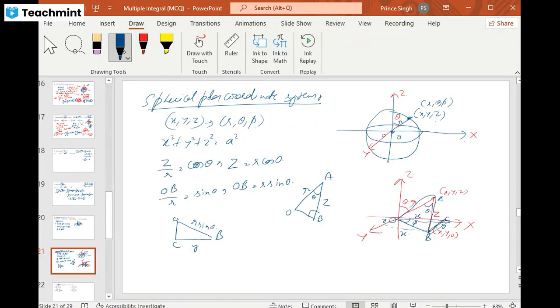This angle is phi now, phi with OC. OC is X, this is the base, and BC is the perpendicular.